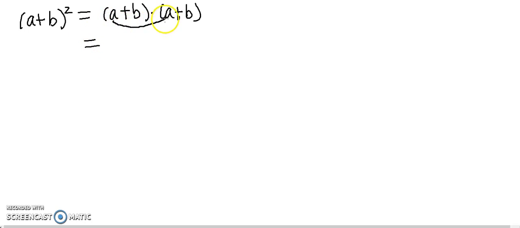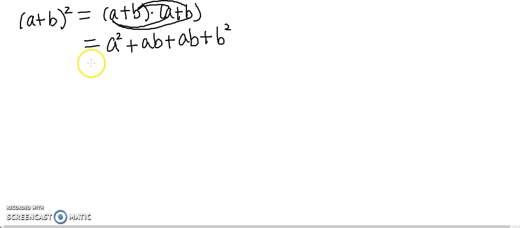We do a times a, that gives us a squared, and a times b, that gives us ab, and we do b times a, that is ba, which is the same as ab, and plus b times b, that's b squared. And we combine like terms, we get a squared, and ab plus ab gives us 2ab, and plus b squared.